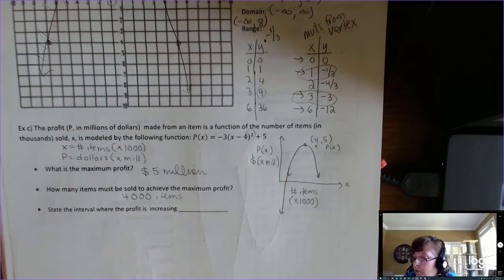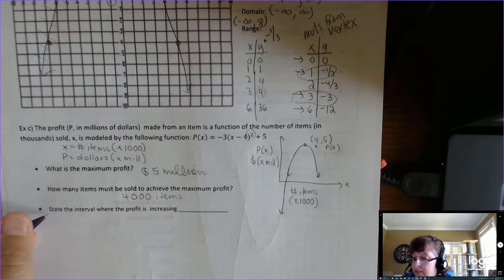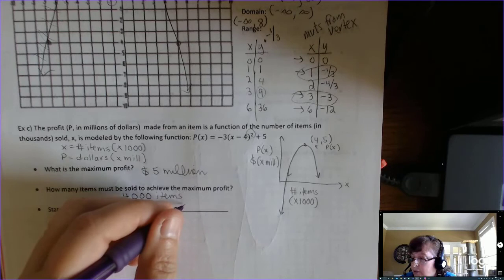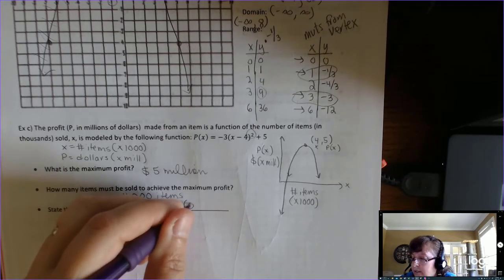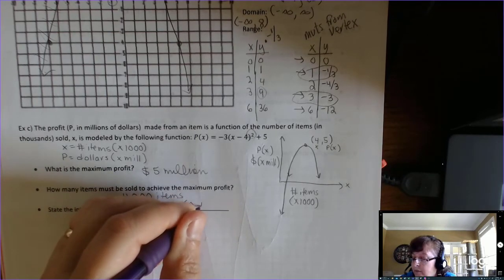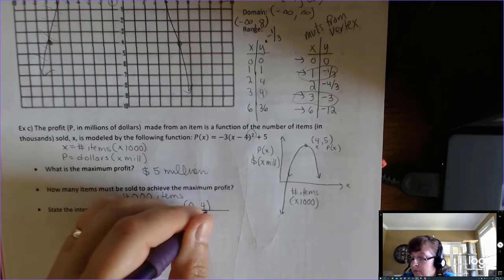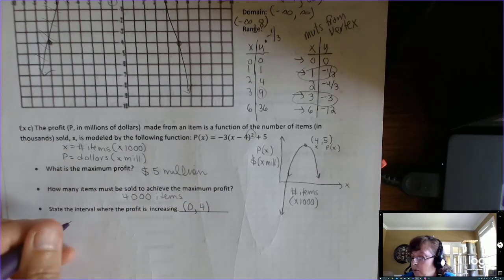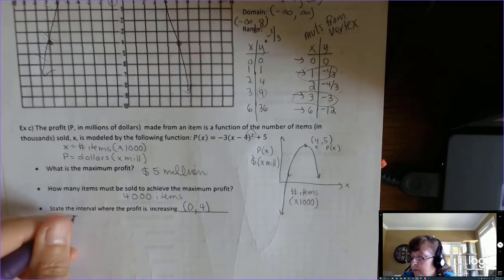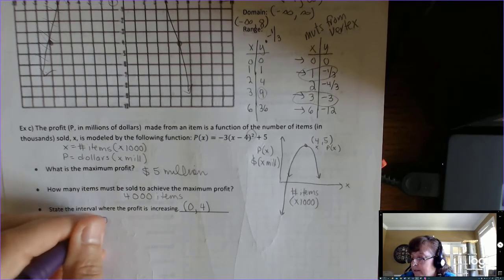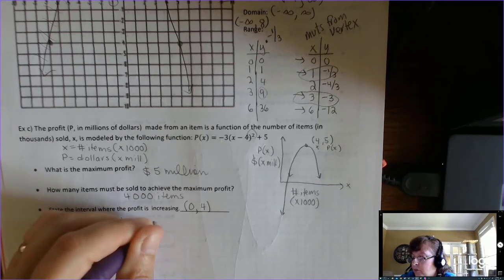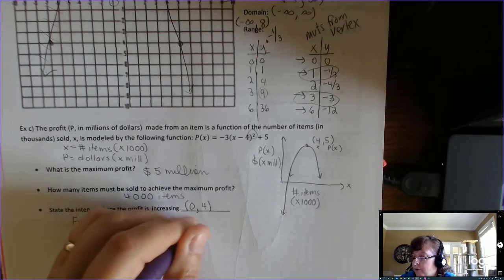So we're going to say that the profit is increasing from when you have 0 items sold to when you have 4,000 items sold. So the profit is increasing in interval notation 0 to 4, but we'll write it out from 0 items sold to 4,000 items.